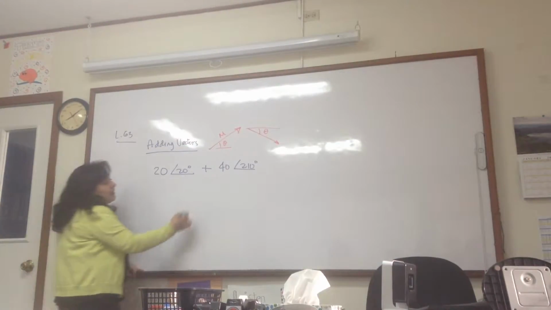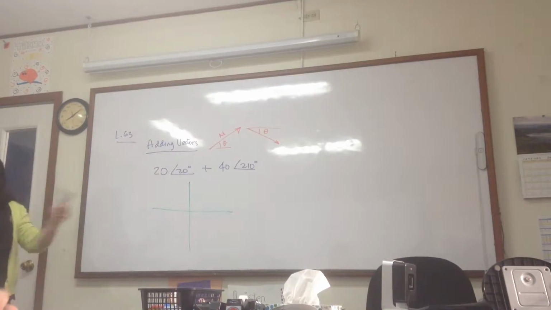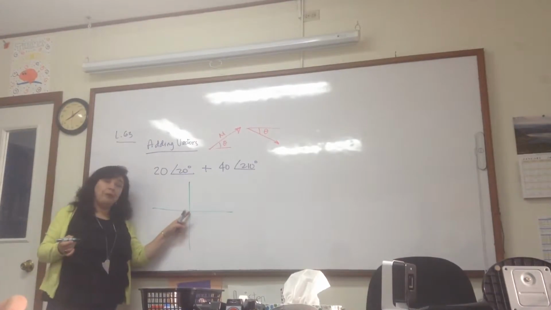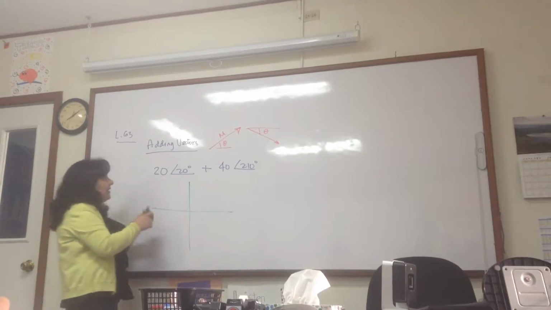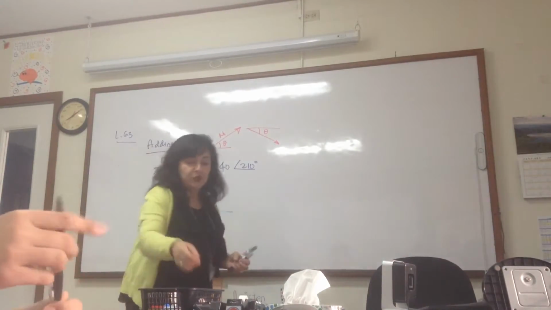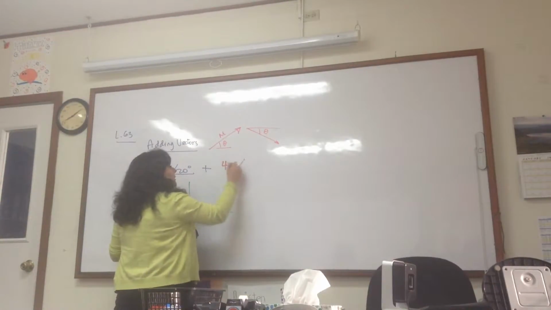So what you're going to do is take them both out of the origin, out of the middle point. I'm going to put this in red so you can understand: 40, 210.